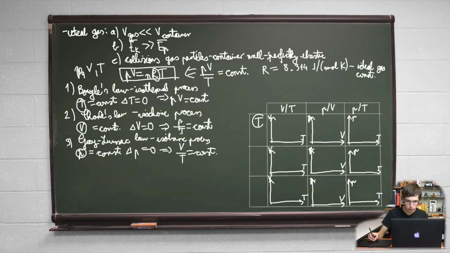First is the isothermal process where temperature T is constant, so also PV is constant. Then isochoric process where volume is constant, also P over T is constant. And finally isobaric process where pressure is constant, so also V over T is constant.